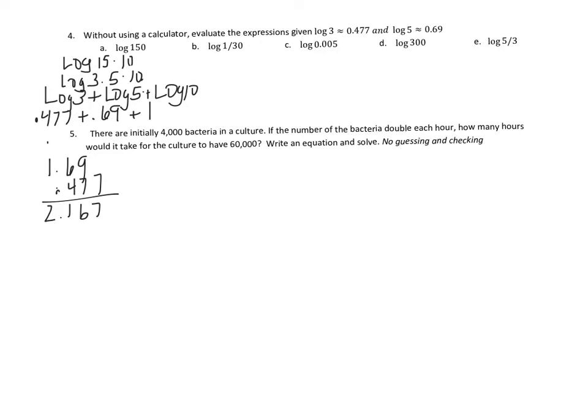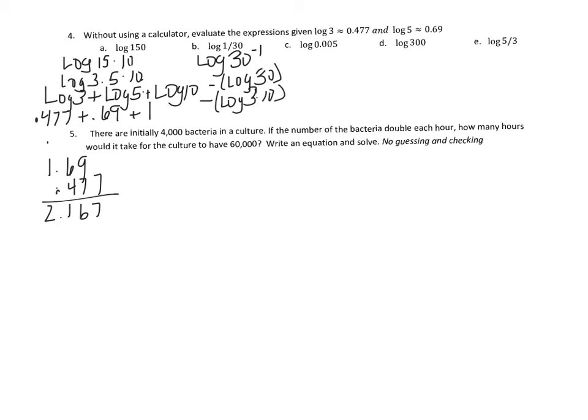So let's look at letter B, the log of 1 over 30. So we can think of this as the log of 30 to the negative 1, which will make my final answer negative, because negative 1 can go out front. Negative log of 30, and 3 times 10 is how we get 30.